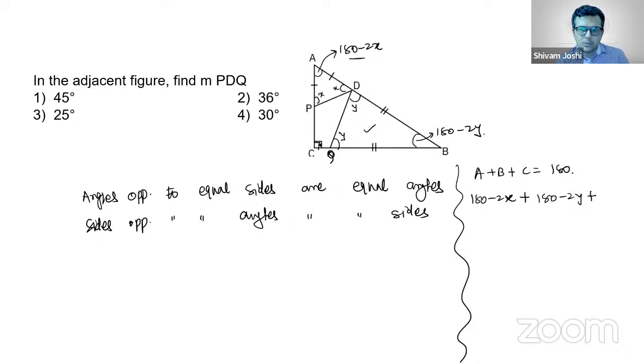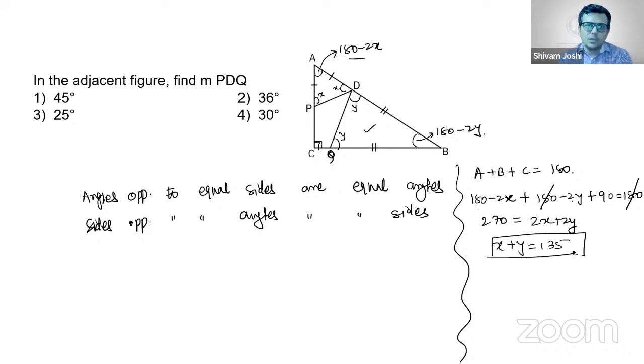That is 90 degrees, as you can see. 180 cancelled. So I'm having 180 plus 90, which is 270, on the left hand side. That is equal to 2x plus 2y on the right hand side, which means x plus y is 270 by 2, which is 135. Correct.